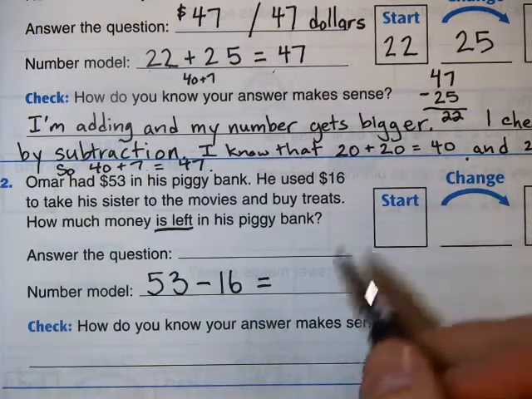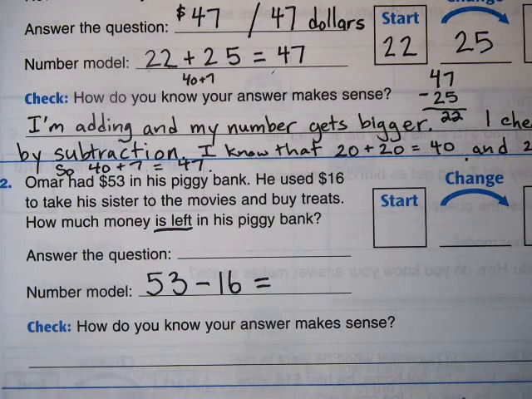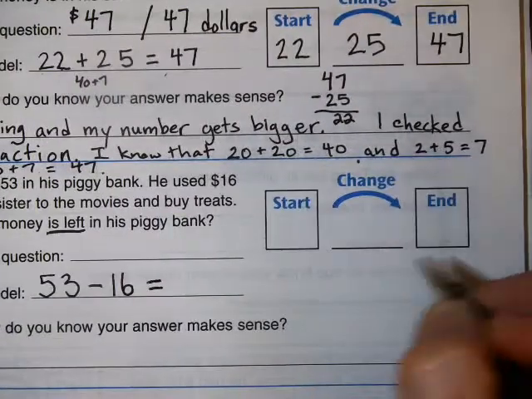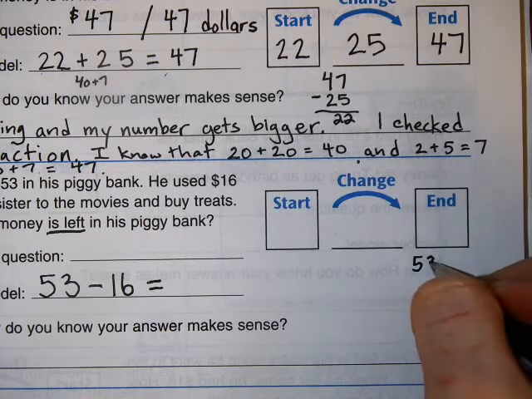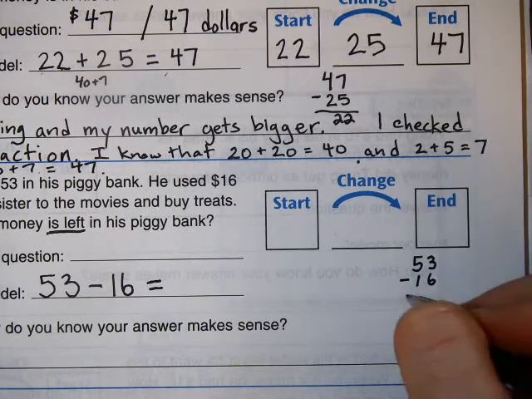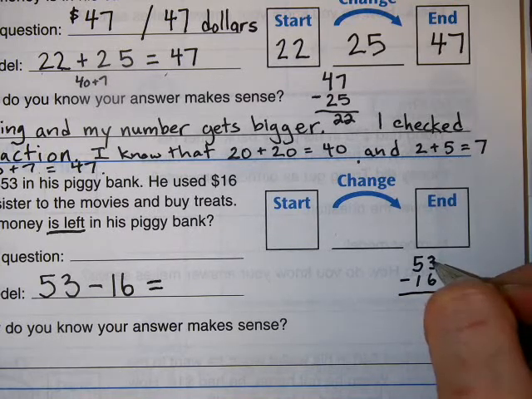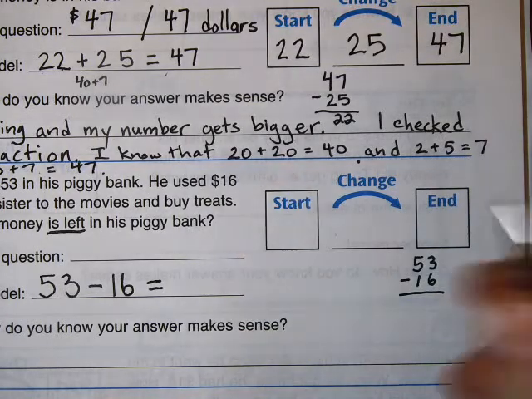So I don't know what 53 minus 16 equals right off the top of my head. So I'm just going to write it out right over here. This is how I choose to solve it. There are a lot of ways you can do it. Let's say 53 minus 16. And I know that I can't take 6 away from 3, because then I would have a negative number.